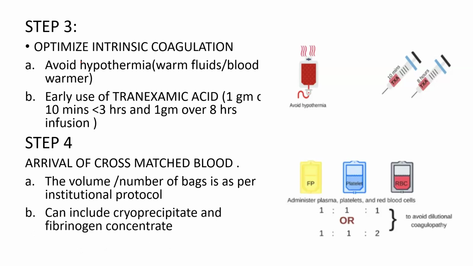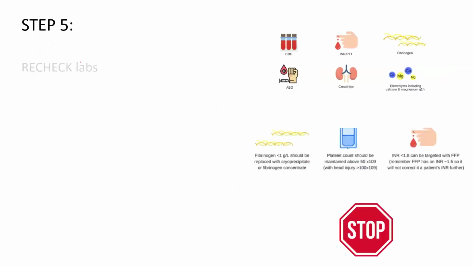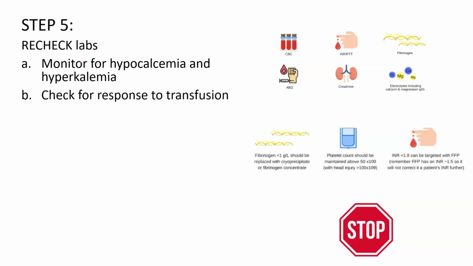Whenever you feel that the patient's fibrinogen has dropped below 1 gram, or the coagulopathy is not corrected despite your FFPs, your platelets, as well as your PRBC, you can use fibrinogen concentrate or cryoprecipitate. Always keep a check on your labs, your complete hemogram, your coagulation parameters, your fibrinogen, electrolytes.